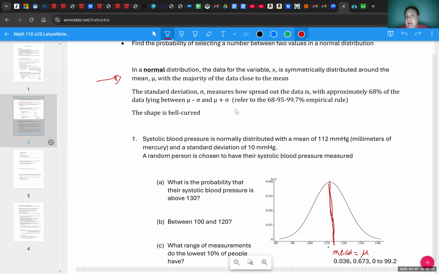And the shape is called a bell curve. So like with most distributions, we talk about the center, that's the mean, the spread, that's the standard deviation, and the shape, which is a bell curve. All right, let's do an example so we can see it in action.